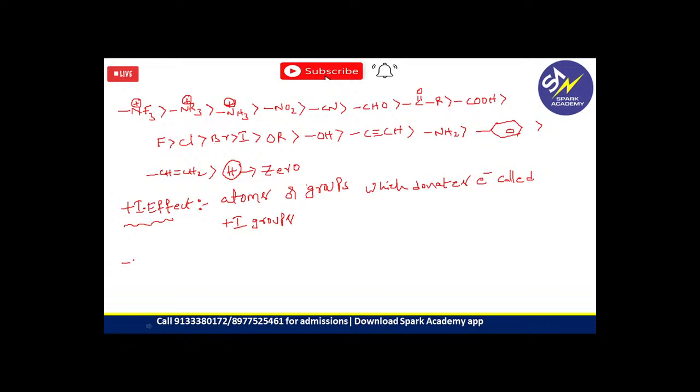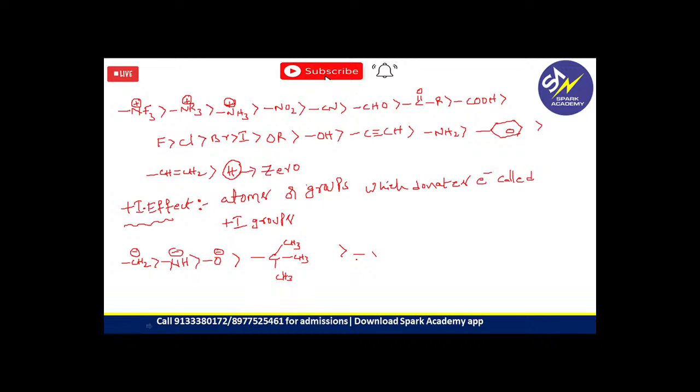Some important ones, first one is CH2 minus, greater than NH minus, greater than O minus, greater than tertiary carbon, tertiary methyl carbon, CH3, greater than secondary carbon, secondary methyl carbon.